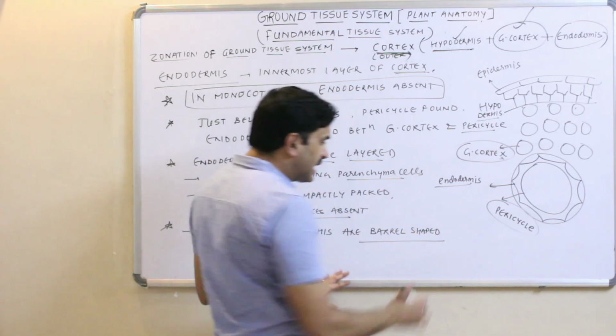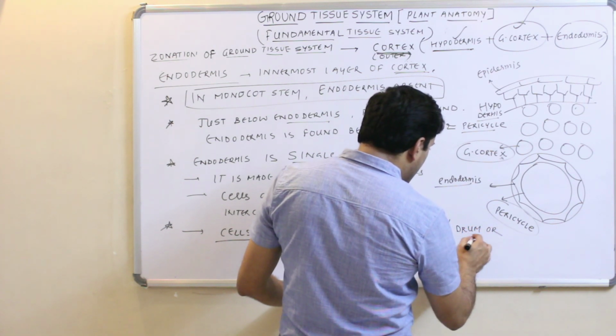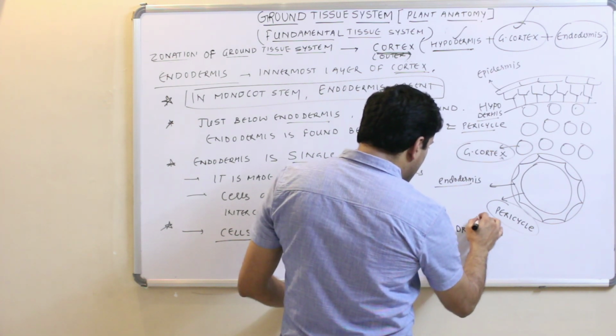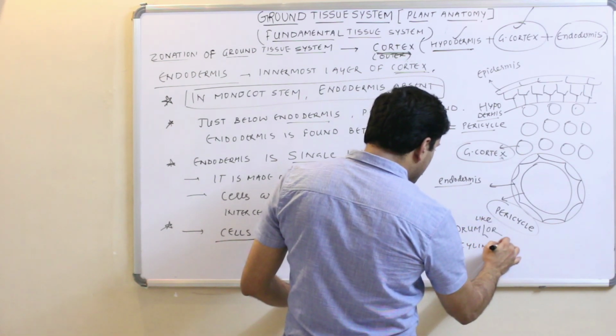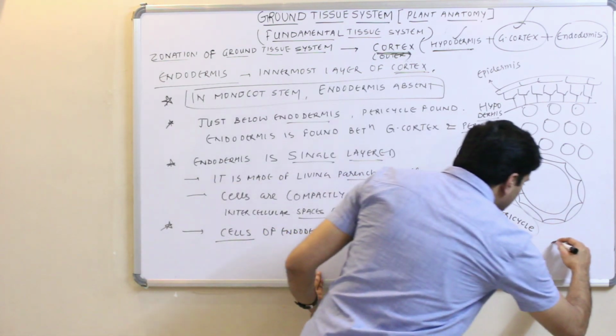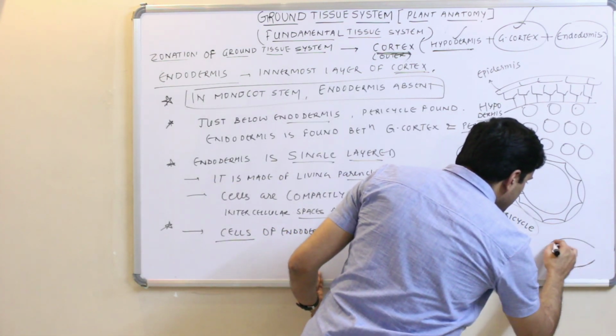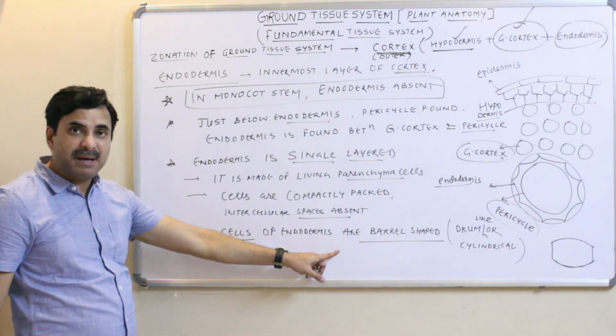Barrel shaped means they are drum-like or cylindrical, just like a dholak, if you have seen it. So cells of endodermis are barrel shaped.